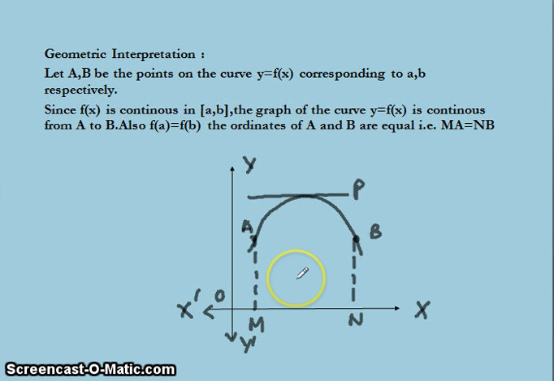Then Rolle's theorem asserts that there is at least one point lying between A and B such that the tangent at which is parallel to the x-axis, that is, there exists at least one real number c in interval (a, b) such that f'(c) is equal to 0.